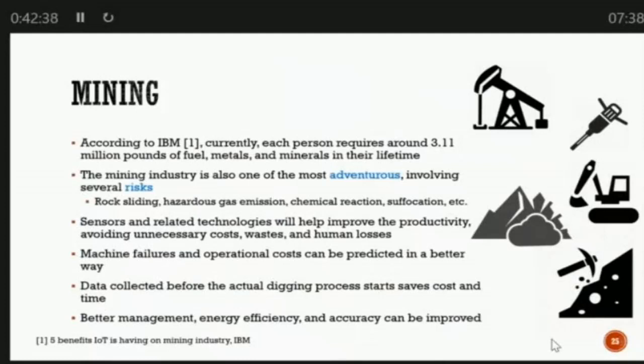And that data can be made readable or can be made meaningful only through fog computing. So this is how in the mining industry you can use fog computing and enhance your mining industry. In that way you can cut your costs, you can cut the accidents and all that stuff, and better energy efficiency, accuracy, and management of your services and your resources would be made possible if you use fog computing in a mining setting, mining industry.